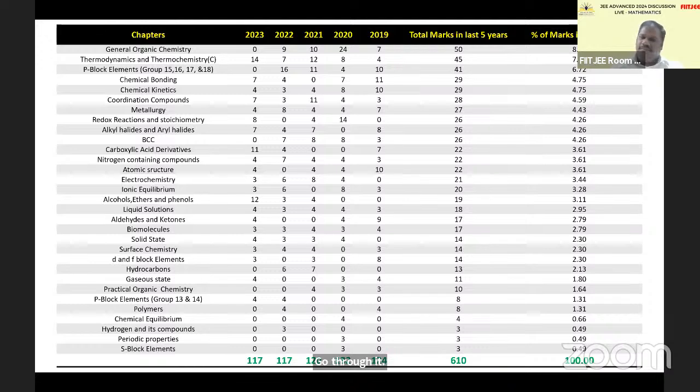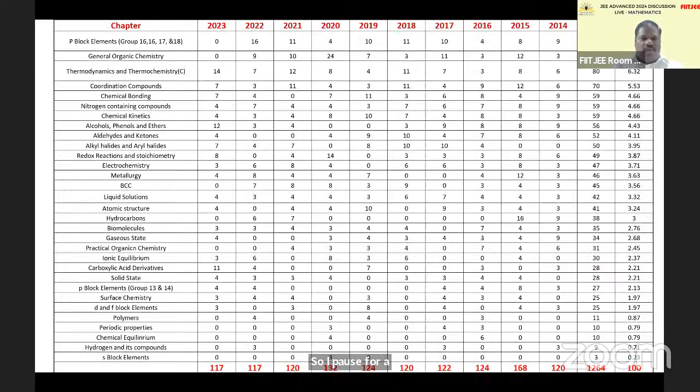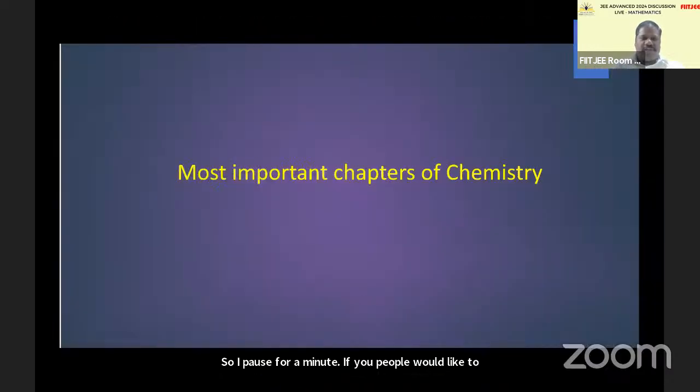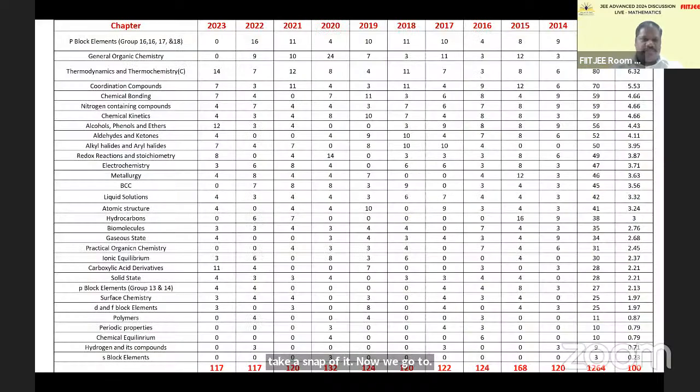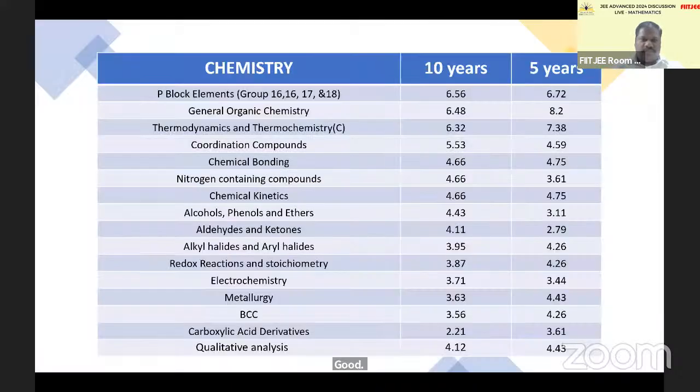I'll pause for a minute if you would like to take a snap of it. Now we go to chemistry next again. These are some of the most important chapters in chemistry.